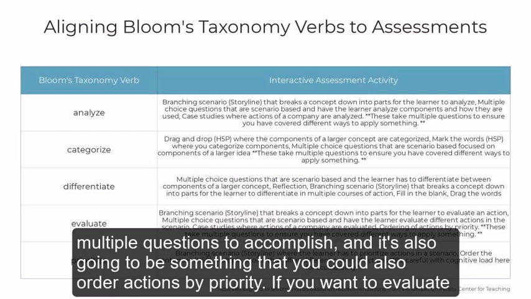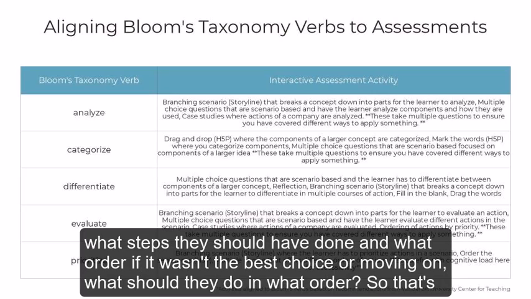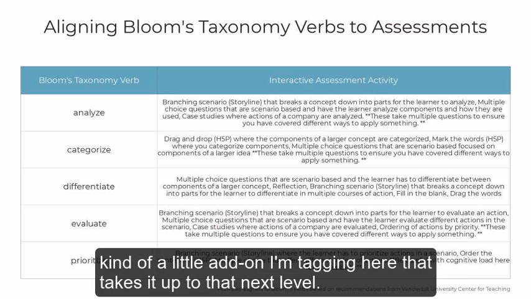If you want to evaluate what steps a company should take after the breach, maybe you would continue the case study. You could also use prioritization to say what steps they should have done and in what order if it wasn't the best choice. What should they do in what order? So that's kind of a little add-on I'm tagging here that takes it up to that next level.